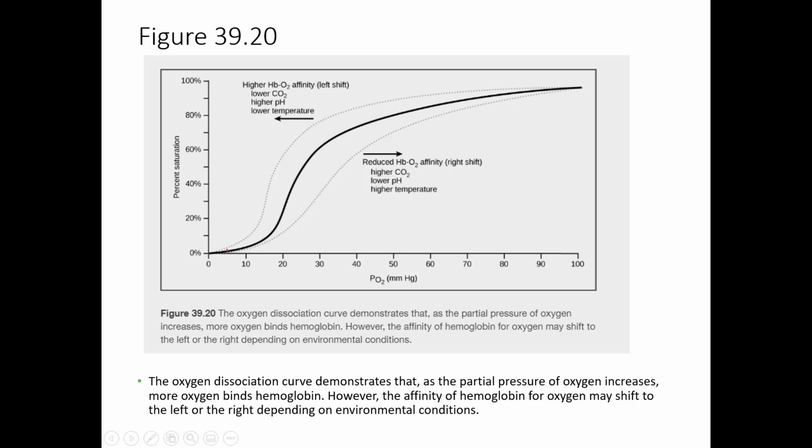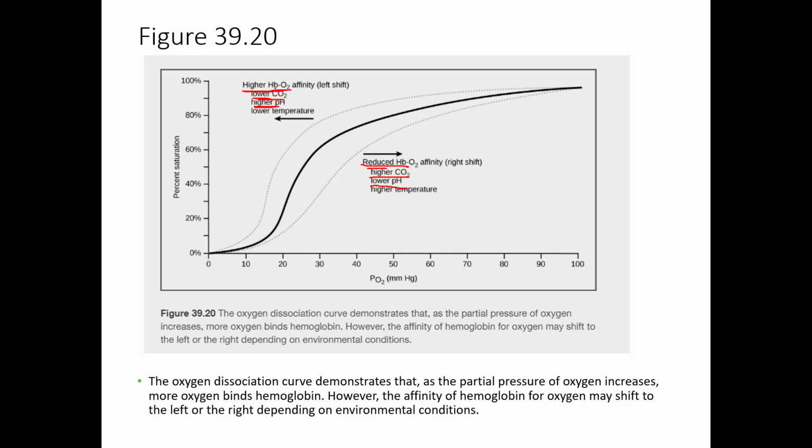So under normal body conditions, if there's a lot more CO2 in the blood, if there's a lower pH, then that actually causes hemoglobin to have less affinity for oxygen. If there is a lower CO2 level and a higher pH, then that gives hemoglobin a higher affinity. We're not going to talk about the temperature issue, although that is also a factor.